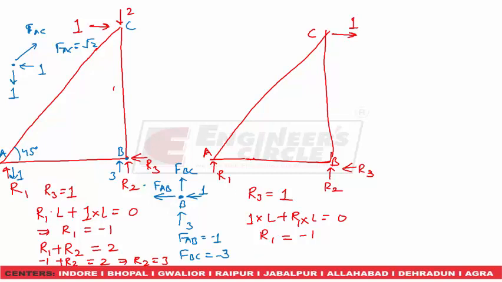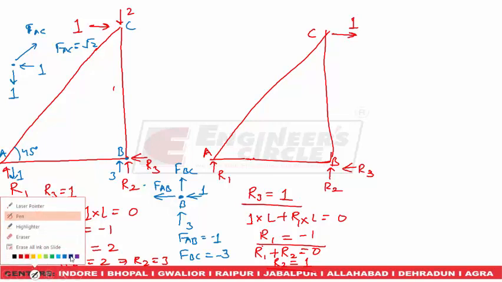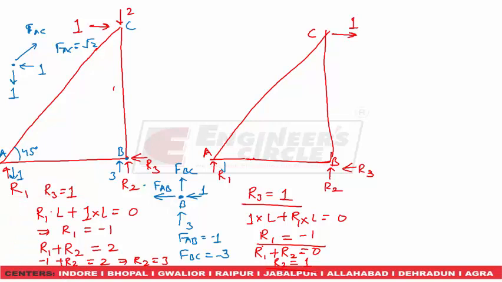So R1 plus R2 will be equal to 0. So here R2 will be equal to plus 1. So R3 1, R1 minus 1, R2 1. So this is minus 1 downward, this is 1 upward, and this is 1.